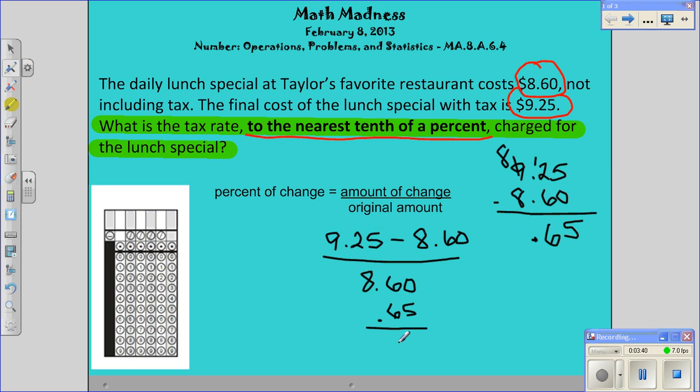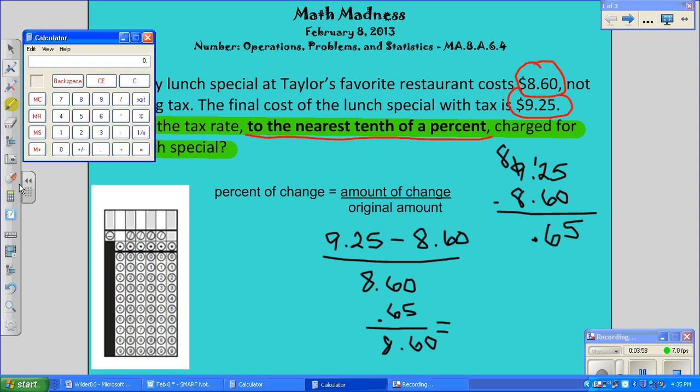or 65 hundredths, and we're going to divide that by the original amount, and the original amount is $8.60. Okay? So when we divide that, since this is an 8th grade problem, we're going to go ahead and use the calculator.